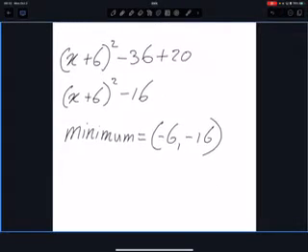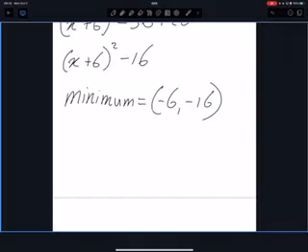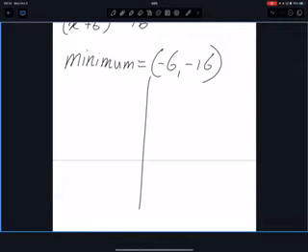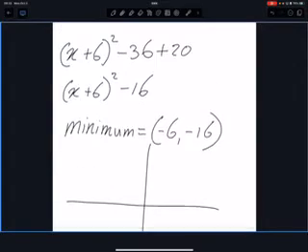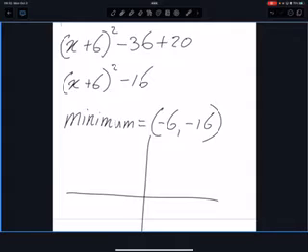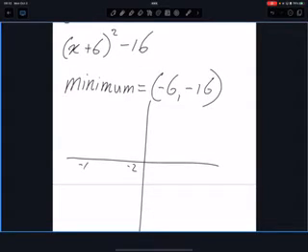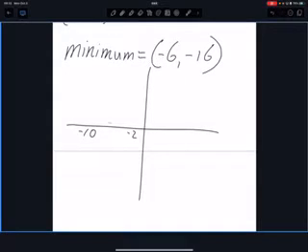Sketch what you just did. That's the question. So you need -2 and -10. You need -6, which is here. And you need -16, which is there. Here is the coordinate. So this is -10, this is -2.